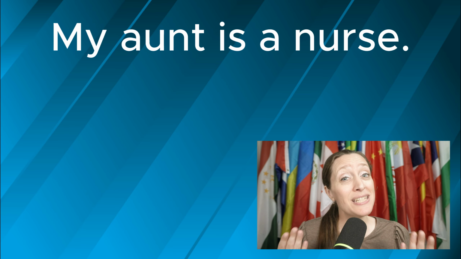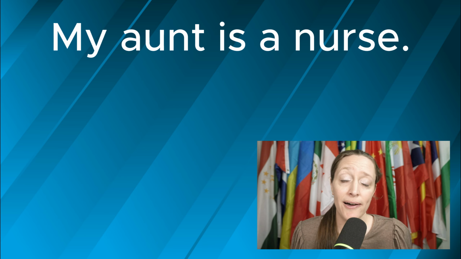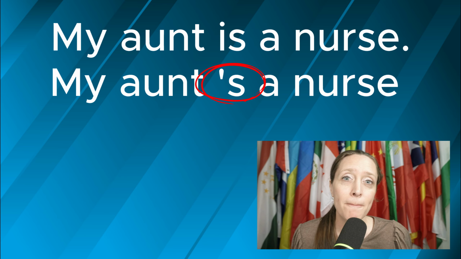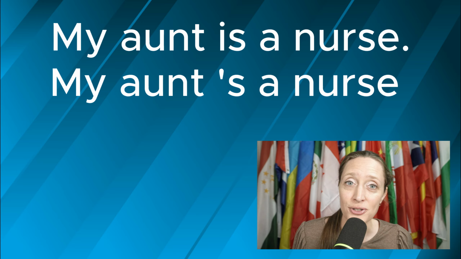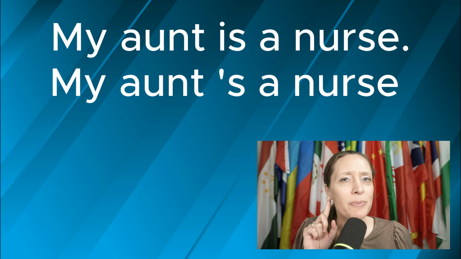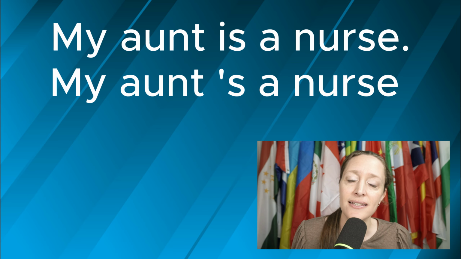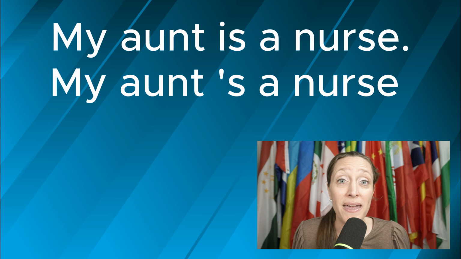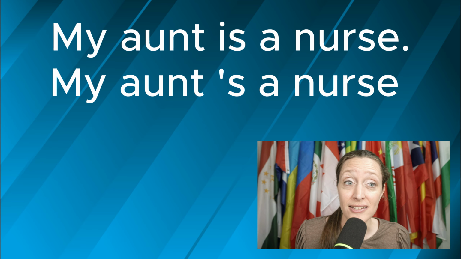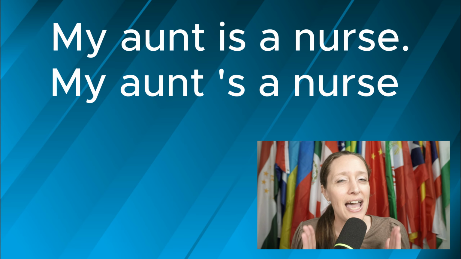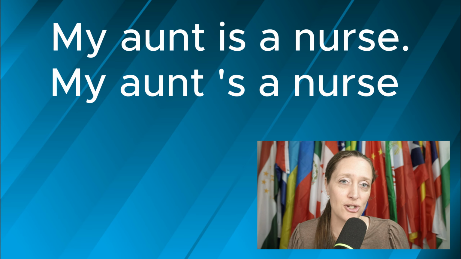But when we speak in English, we automatically say, my aunt's a nurse. So you will not hear people say, my aunt is a nurse. You will hear people say, my aunt's a nurse, because we are so used to making contractions that the contractions just come out naturally in a sentence that doesn't actually have a contraction.